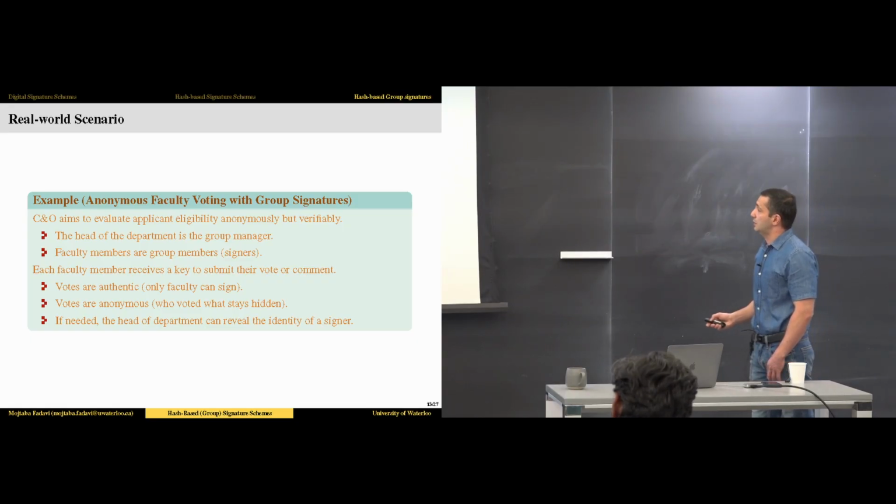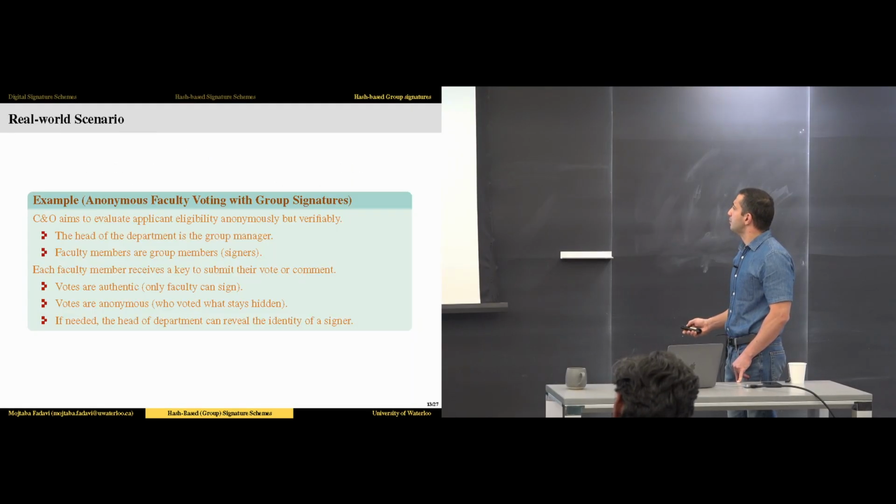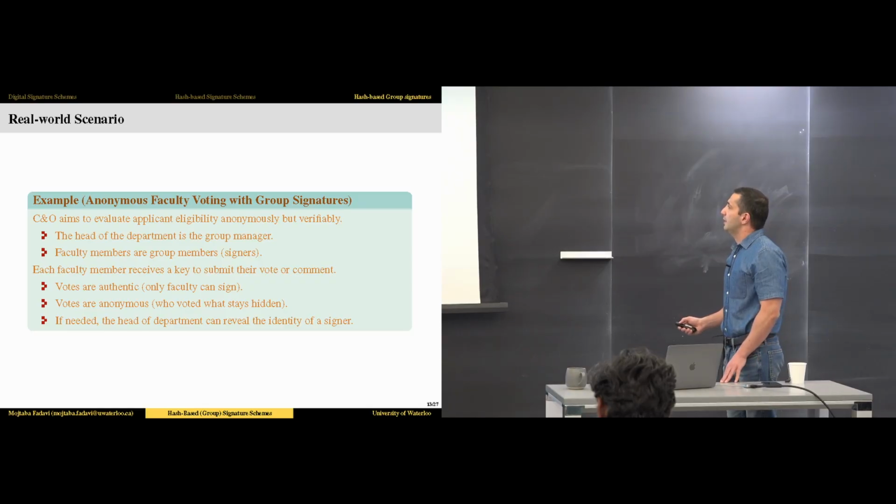Oh, I forgot to say that there are 3 types of entities in group signatures: a group manager who manages a group, some users, and a verifier. So the head of the department is the group manager. He gives secret keys to the faculty members, and they can sign, they can evaluate applicants anonymously.